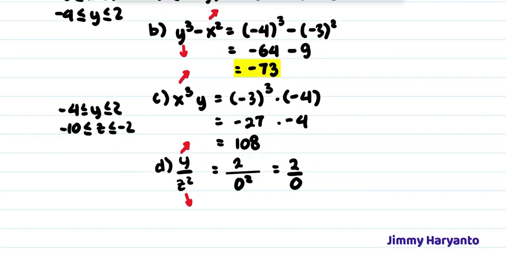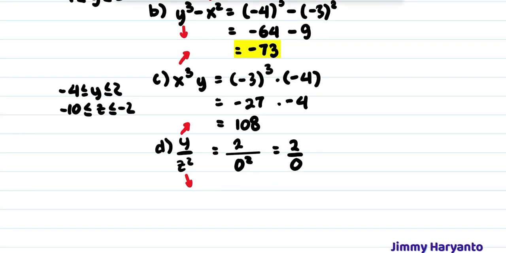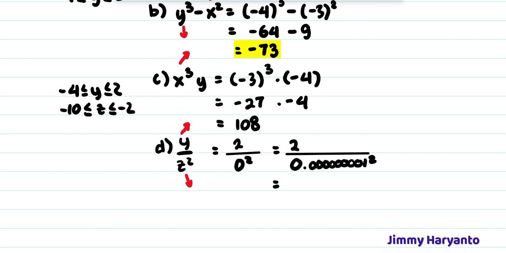No, the question didn't say integer, I have to choose the number closest to 0, which is 0.00000000001, and then you square it. Of course the number later will be so large that we have to answer it as infinity.